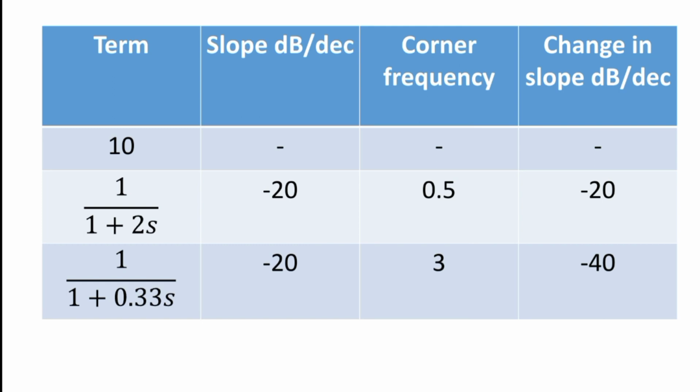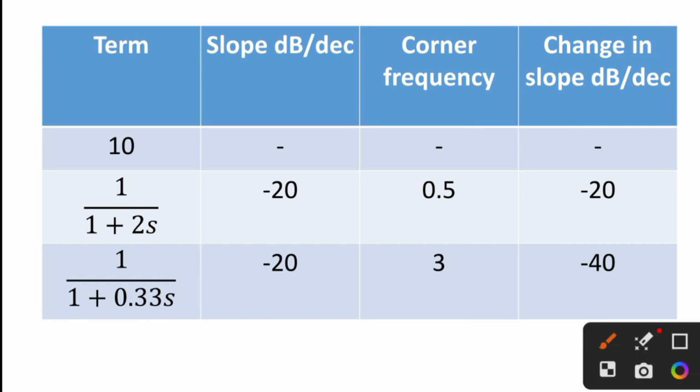Now the first term is 10, which doesn't have any slope and which doesn't have any corner frequency. No corner frequency, no slope, no change in the slope. And the second term is 1 by 1 plus 2s, which contributes the slope of minus 20 dB per decade, and the corner frequency is 0.5, and the change in slope is minus 20 dB per decade.